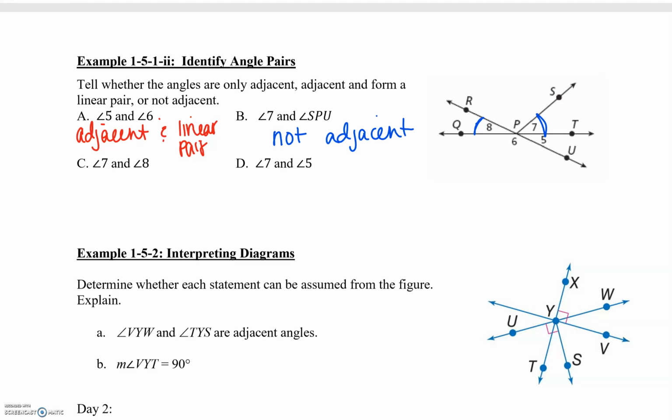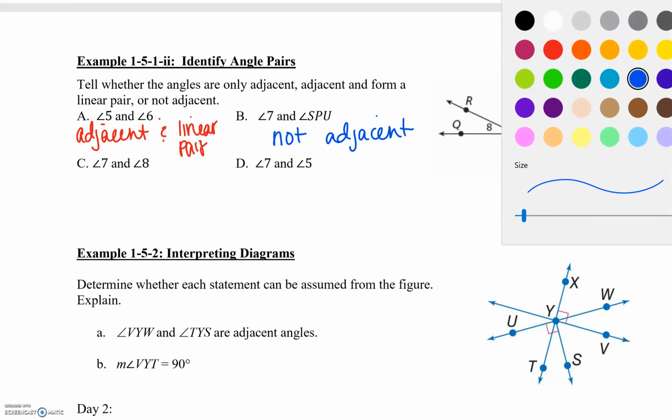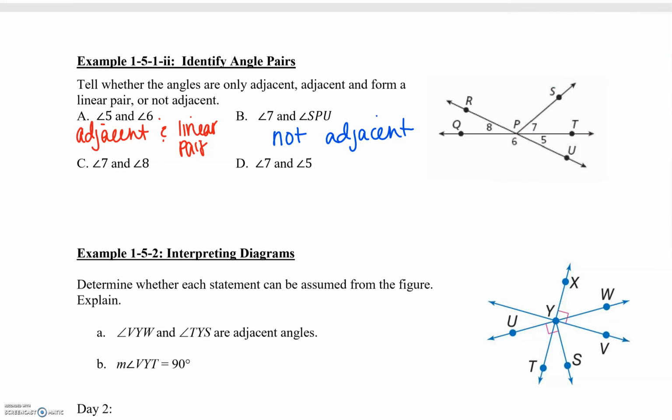And if you want to try those last two, go for it, and then you can always check when you're ready. But we have for 7 and 8, oops, sorry, this one was 7 and 8, not adjacent. Getting ahead of myself.